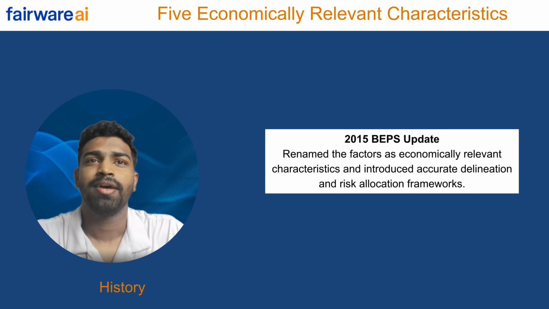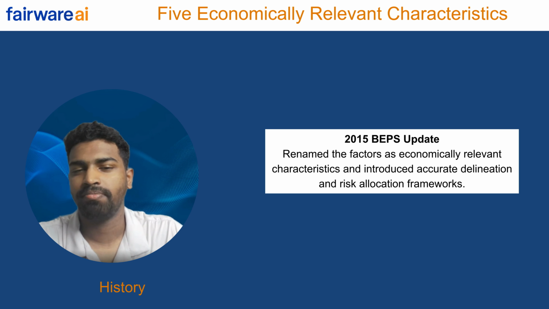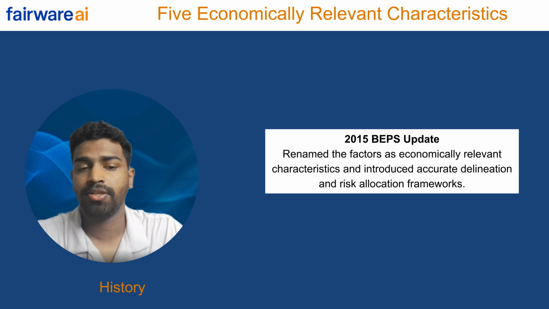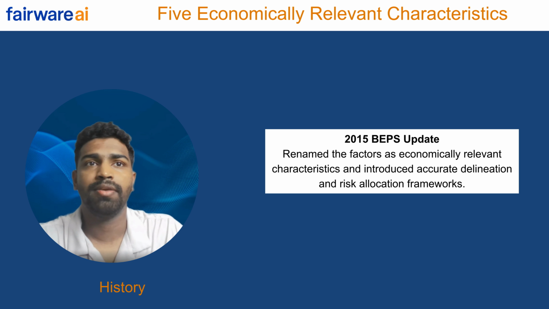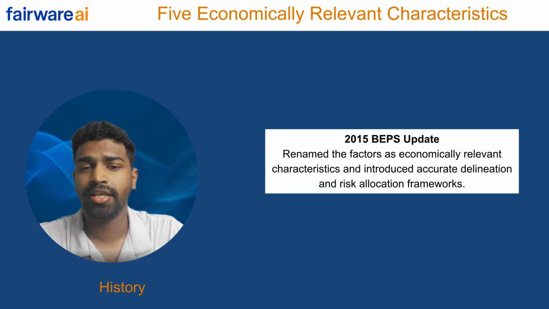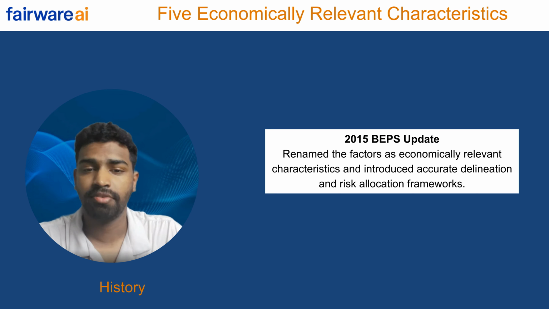The goal was to stop companies from shifting profits from place to place, to places where they don't create any value and don't do any work. This is also when the five comparability factors were officially named the five economically relevant characteristics. That was one of the major changes in 2015.